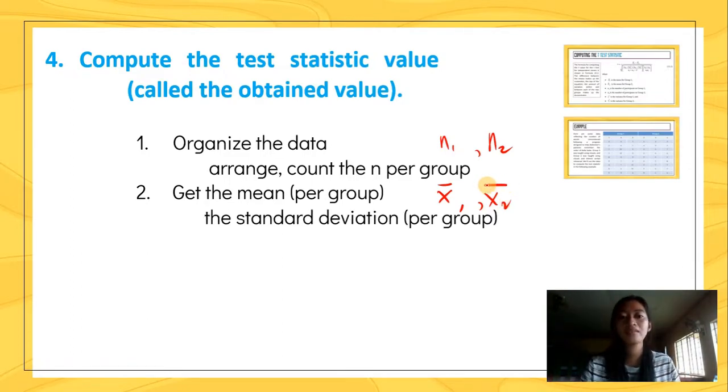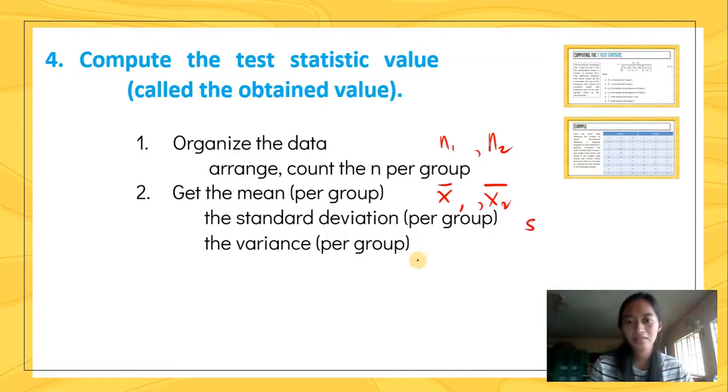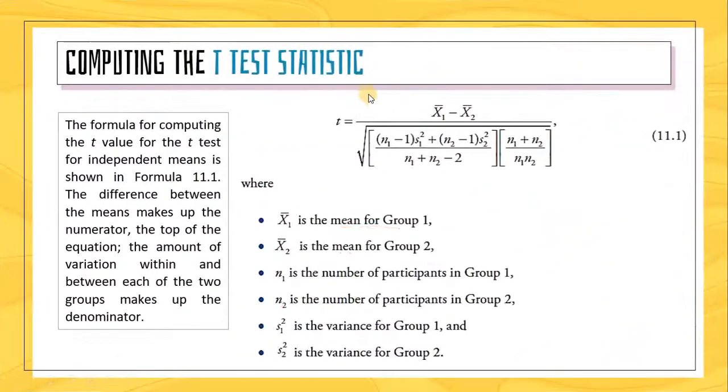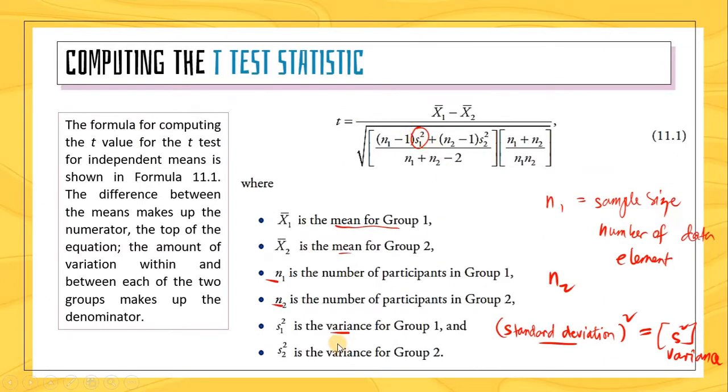Next, we have to get the standard deviation per group. Muna siya S. Para mauna dayon ang S squared. If you want to get the variance, you can also do that. This is the S squared. But remember, basta naa na kay S, if you have the standard deviation, it is squared. Pero kung nag-solve ka sa variance nga squared ra, ay nagbalik kag square.